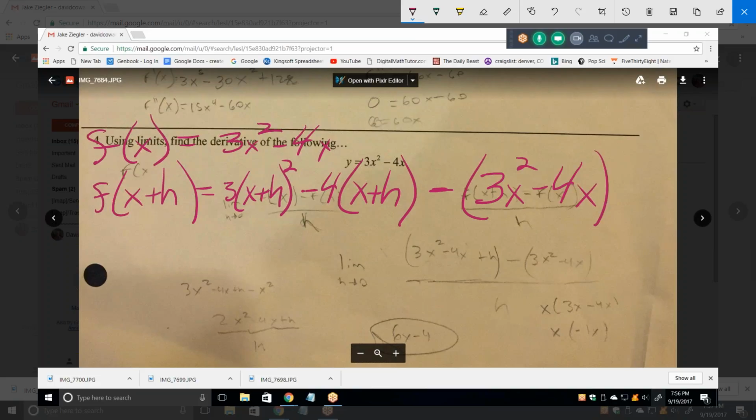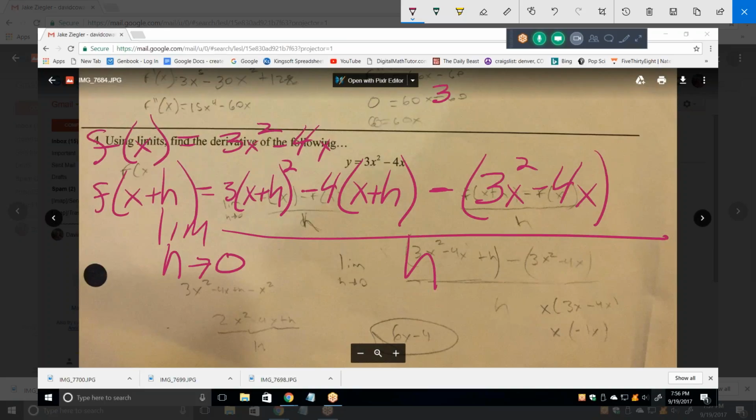It's all over h. We're going to take the limit of this thing as h goes to 0. What's going to happen when we do the algebra is that every term that doesn't have an h in it is going to disappear. Let me do it real quick because we only have 5 minutes. I'm going to do the math up here in the upper right.